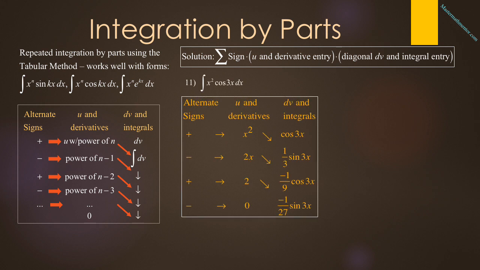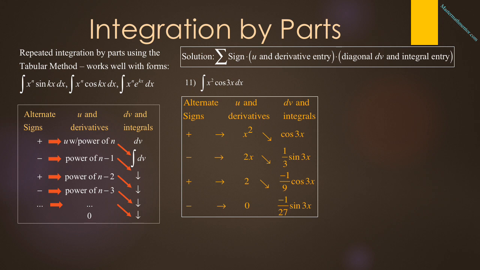Let's take the integral of x squared cosine 3x dx. This is definitely an integration by parts problem, and our u and derivative will start with x squared, and therefore the first derivative is 2x, second derivative is 2, and the third derivative is 0. We can stop there.